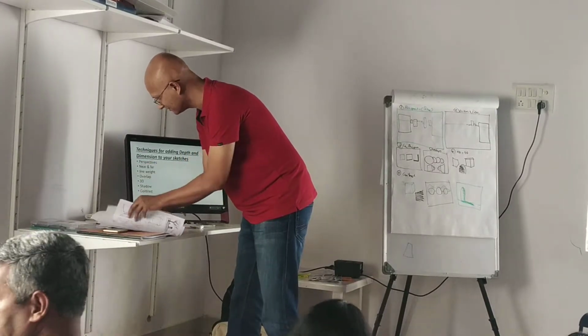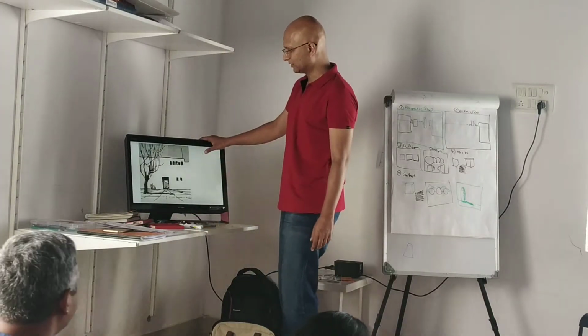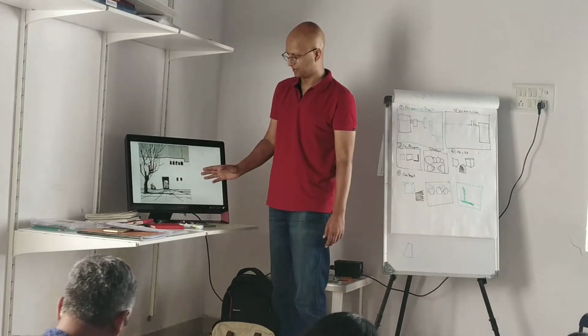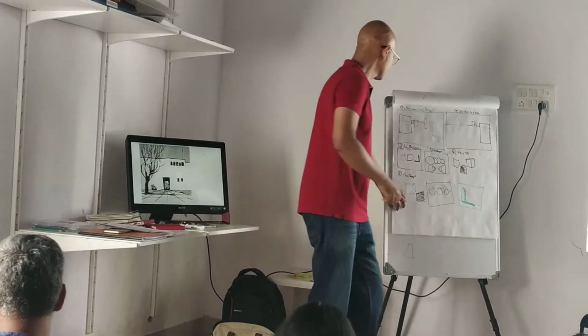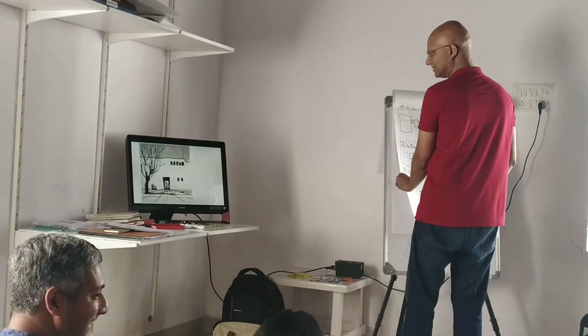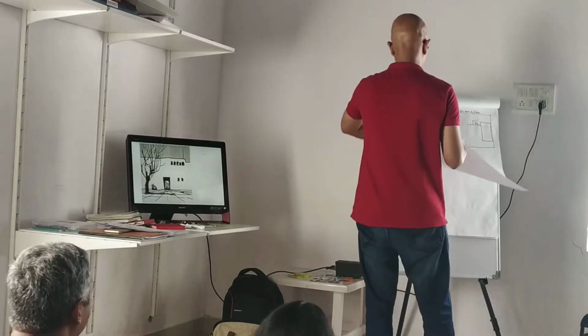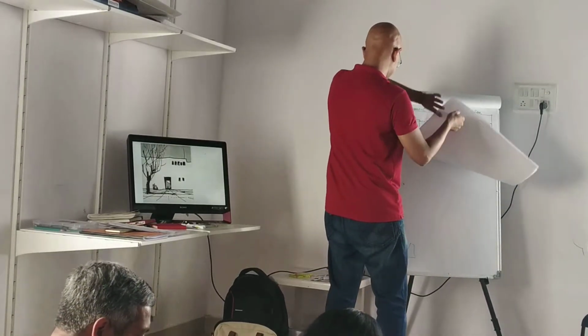Just people share what you have and then you can do it. If you don't have it, then you can also see this reference image and do it. Right? This is a very simple drawing by an architect called Gordon Cullen.